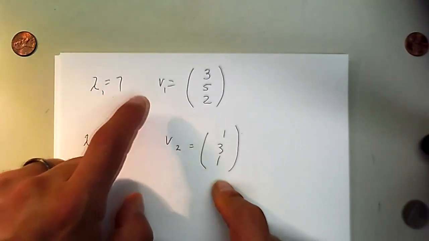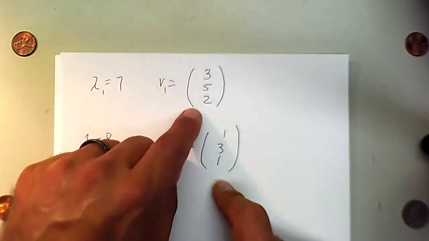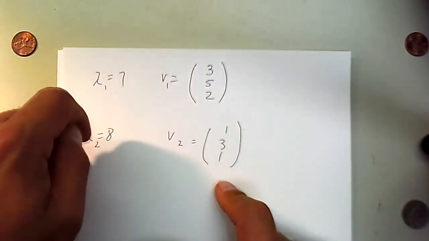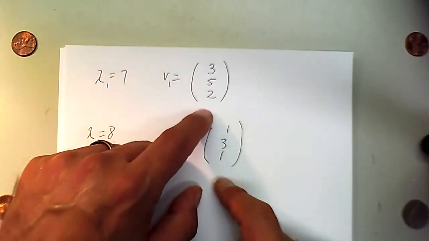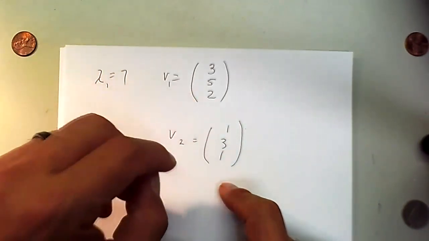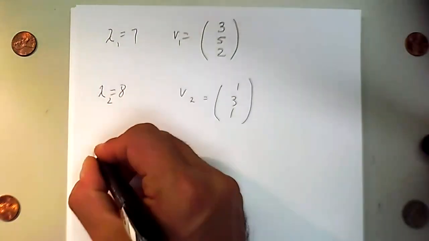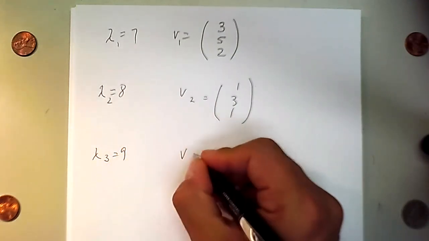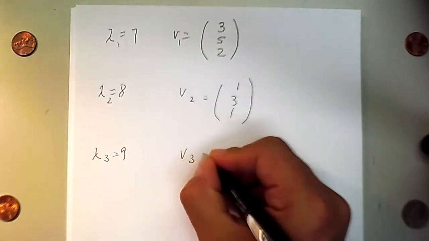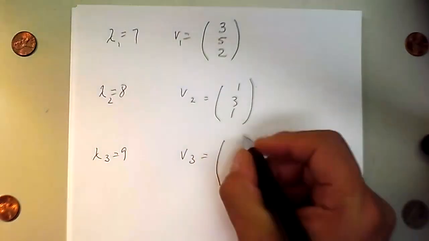If you multiply the original matrix A with this vector, you're going to end up with a multiple of this vector. The original matrix A, with the big numbers, multiplied with this vector is going to give you 8 times this vector. And then we have the eigenvalue 9 with a corresponding eigenvector 5, 8, 3.